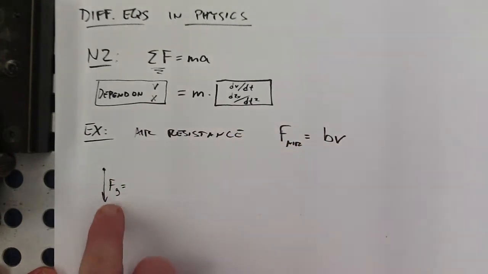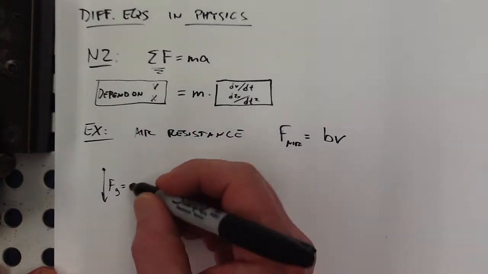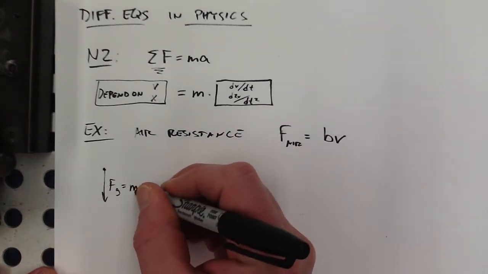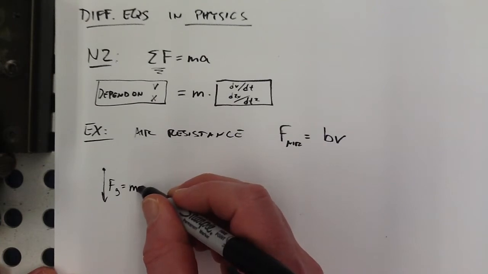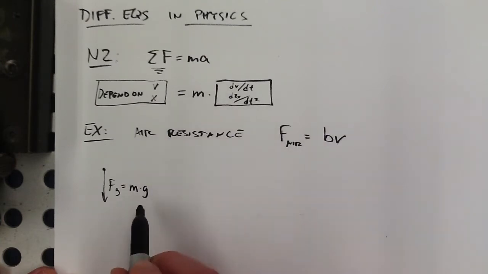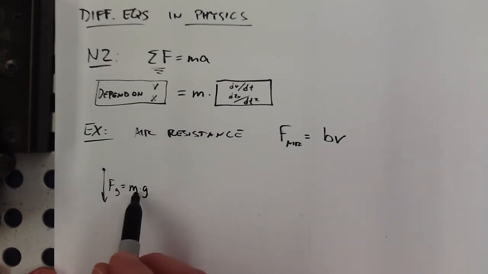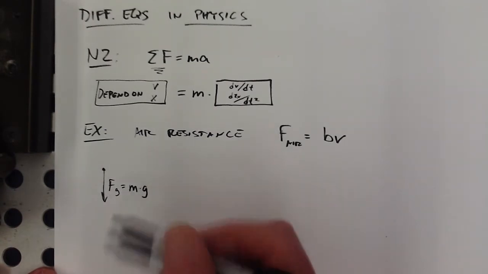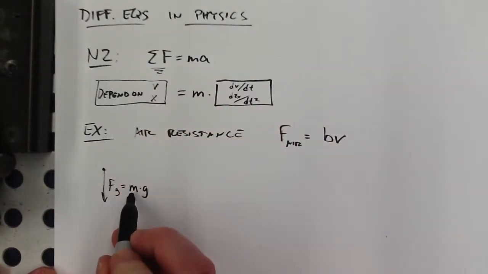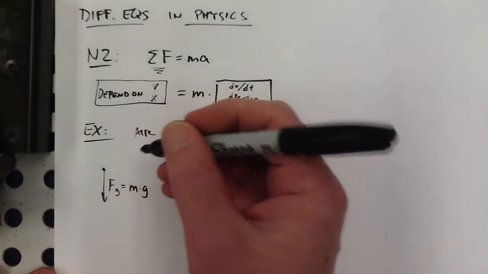And again, for students who don't know this, the force of gravity we model by mg, where g is our local gravitational constant, 9.8 newtons per kilogram, or 9.8 meters per second squared. Those units are equivalent. But all you need to know is that you're just going to write that as mg, and those are both constants. That's the constant mass, and that's our local gravity constant.